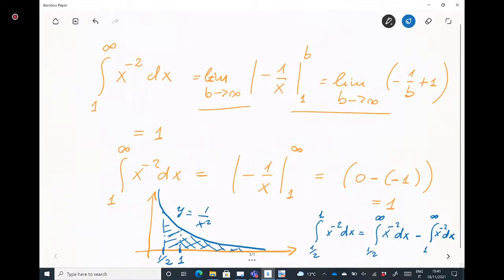This property is called technically the additive property with respect to the interval of integration, also in the case of infinite intervals.